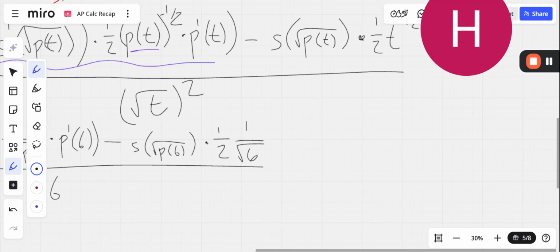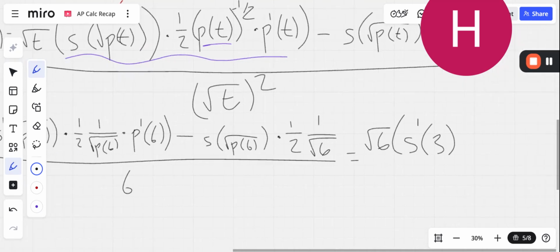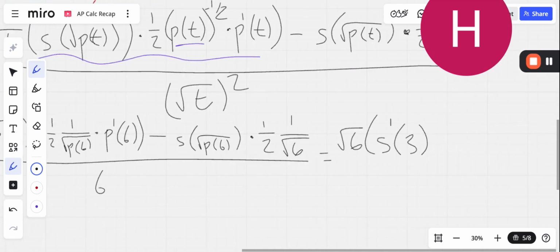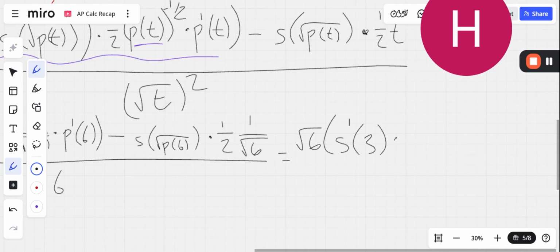This is going to become the square root of 6 times s prime of the square root of 9, because p of 6 is 9. So now it's s prime of 3. Interesting. And then we're going to multiply by 1/2.